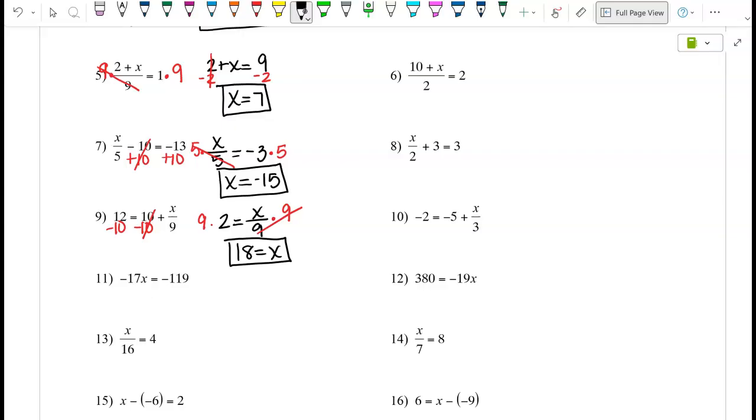All right, number 11, negative 17x equals negative 119. Cambria, what do I need to do first to both sides?